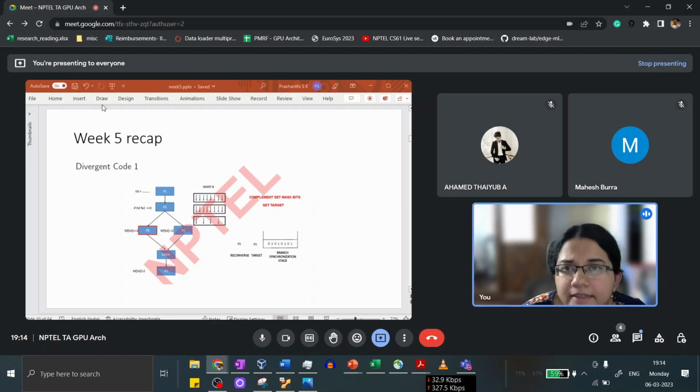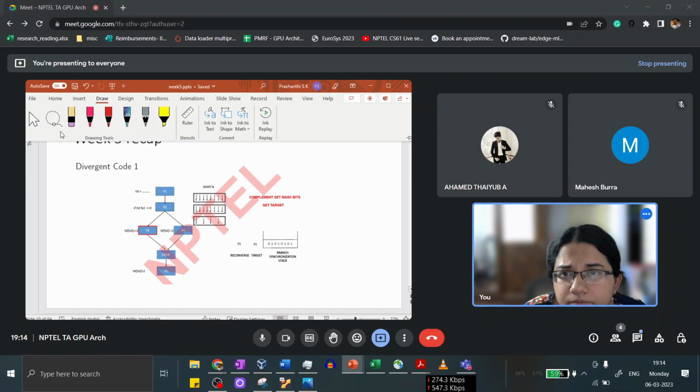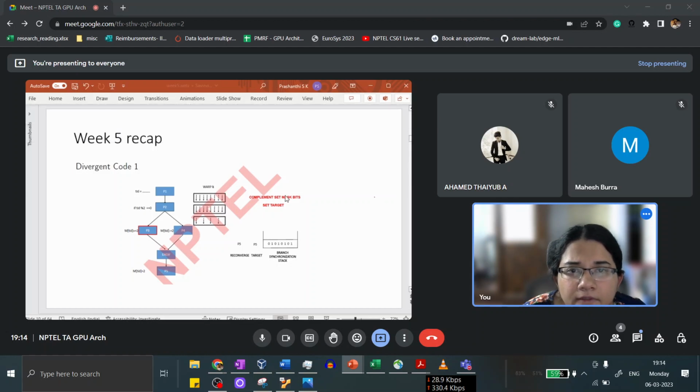And we have an example here. Let me just get a pen. Here your condition for divergence is thread ID mod 2 equal to 0. So all your even threads will execute something, and all your odd threads will execute something else. You have this notion of a mask. How does the hardware do this?